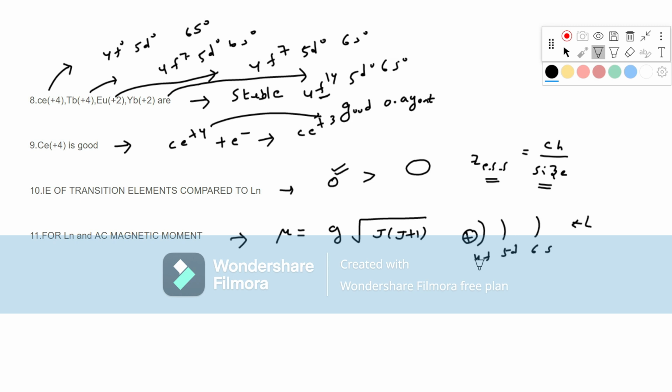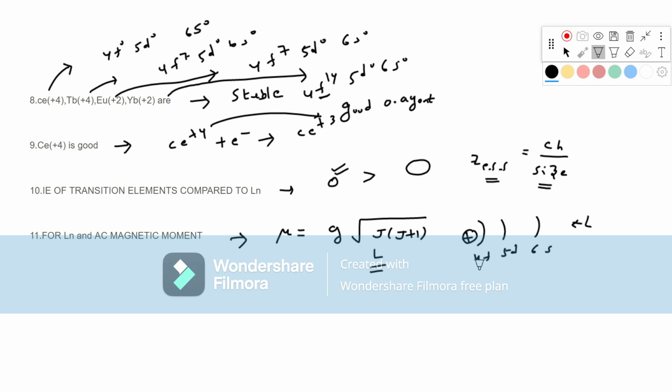That's why we are using this formula, because J equals L plus S. Orbital motion will be quenched in transition metals, so in transition metals we use mu equal to root over n into n plus 2, but here we use J equal to L plus S to L minus S. Orbital motion means the L term will be introduced here, because the ligand is not interacting with the 4f orbital of the metal.